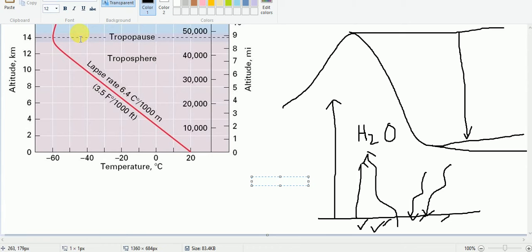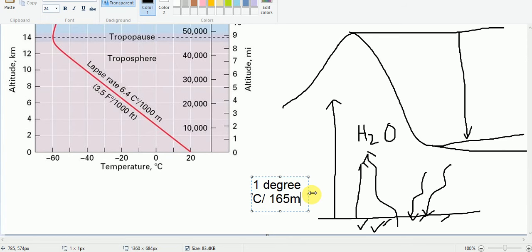at the rate of 1 degree Celsius for every 165 meters of ascent.